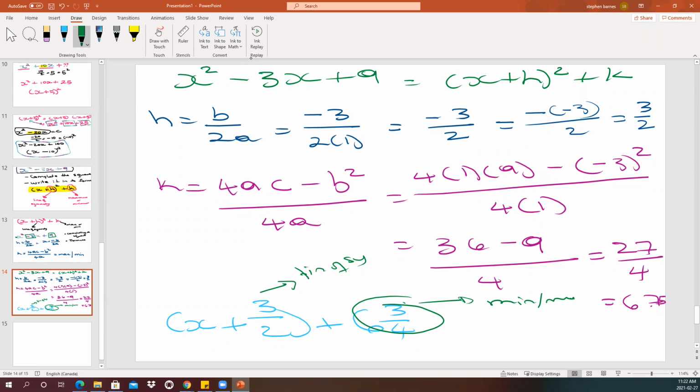You will get it looking just like this: x plus a number, all squared, and then plus another number out here. The number inside the bracket represents the x value for the line of symmetry, and the one outside of the bracket represents the minimum or maximum value for that curve.